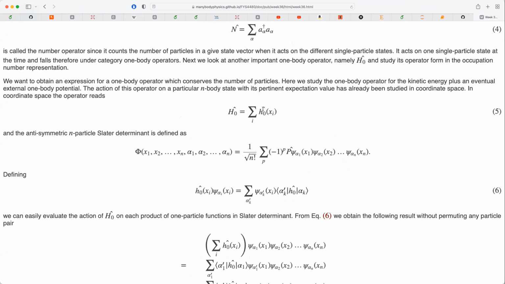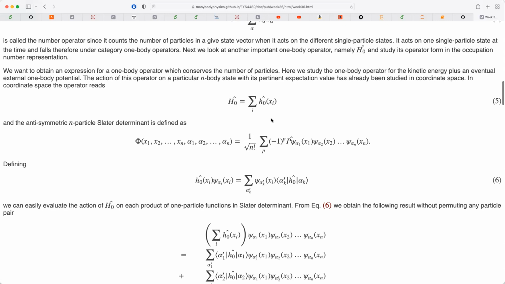We could have a one-body operator which acts on spin, so we could think of particles moving in a magnetic field. We could think of particles moving in an external potential like a harmonic oscillator, or the external potential set up by an atom or a molecule. And then we spelled out all the degrees of freedom.